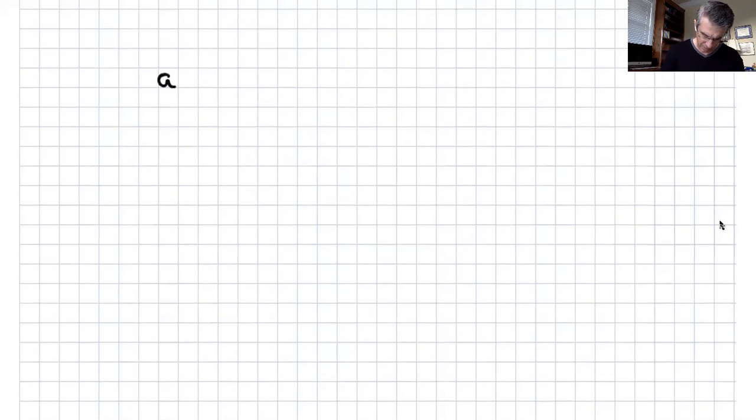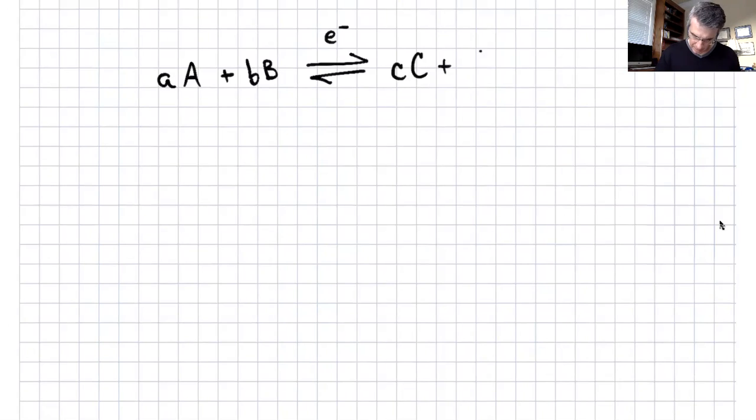Let's say we have some A moles of A, and again, we're thinking about redox couples here, A moles of A and B moles of B, and this can, by oxidation or reduction, release or extraction of electrons, make C moles of C and D moles of D. Well, based on everything we've talked about before, when we were thinking about simple chemical thermodynamics and chemical potential, we know we can write down an expression for the free energy of this process.